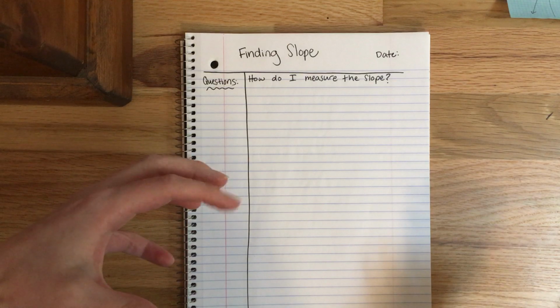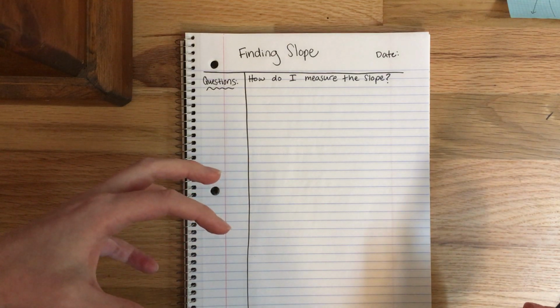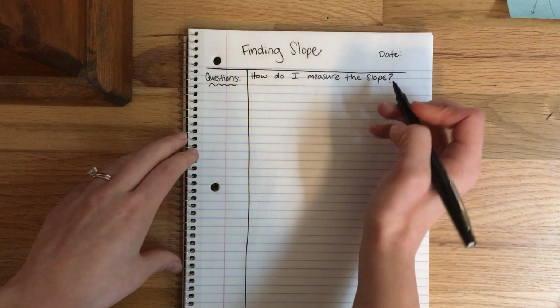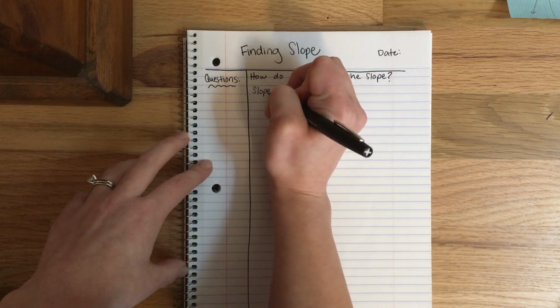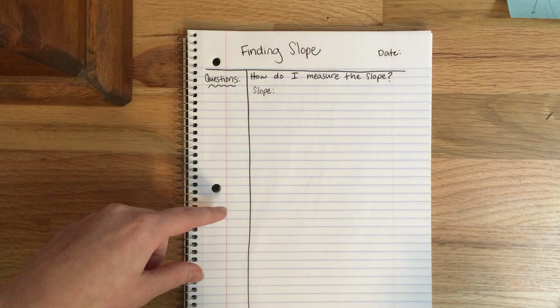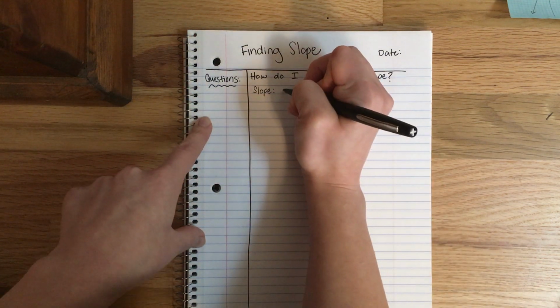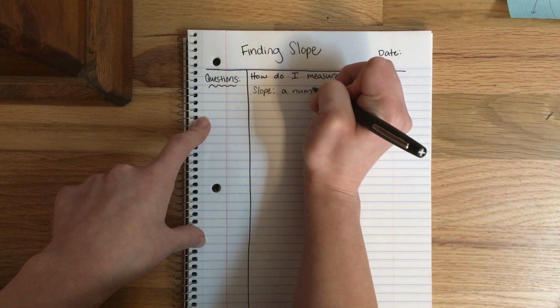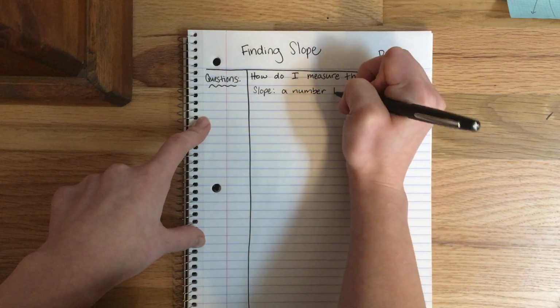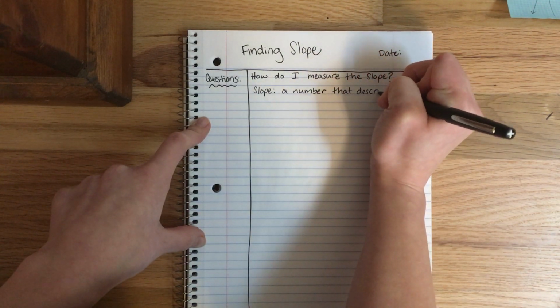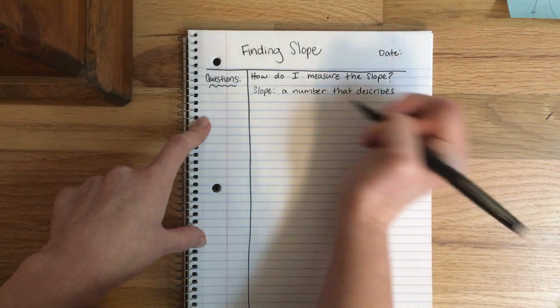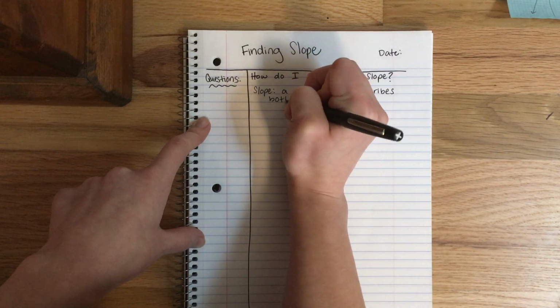So before we get into actually finding the slope, we got to remember what slope means. So we talked about this last week, and I want to make sure we have it written in our notes somewhere. So slope, it is a number that describes both. So it's going to describe two things.